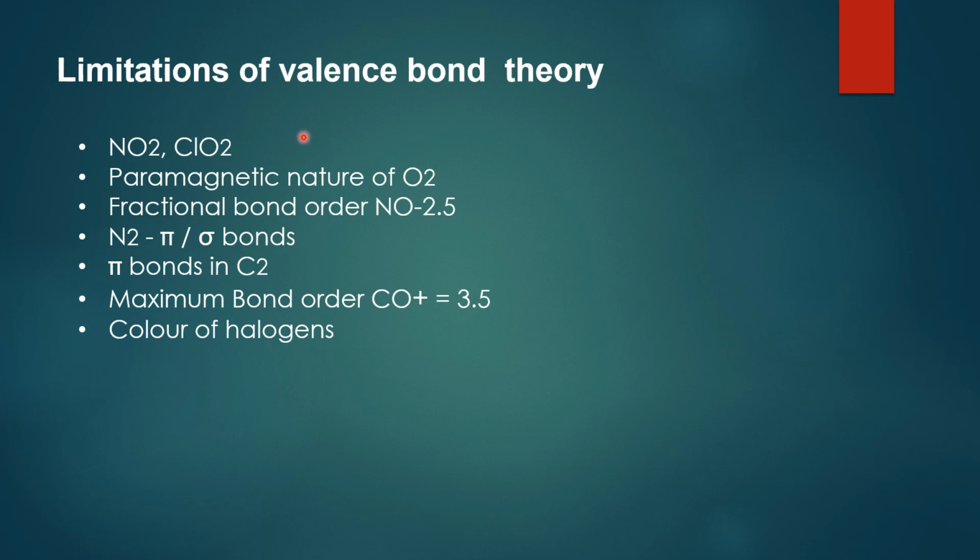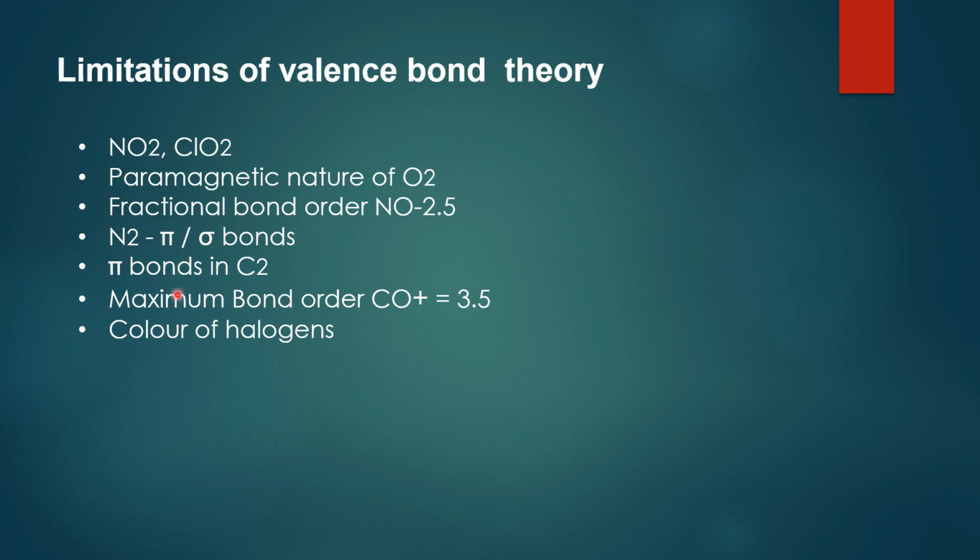The next one is maximum bond order. According to valence bond theory, the maximum bond order is 3. But some molecules have a bond order of more than 3, which cannot be explained on the basis of valence bond theory. For example, CO plus shows a bond order of 3.5.